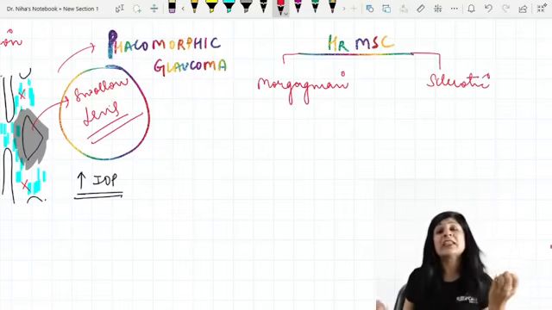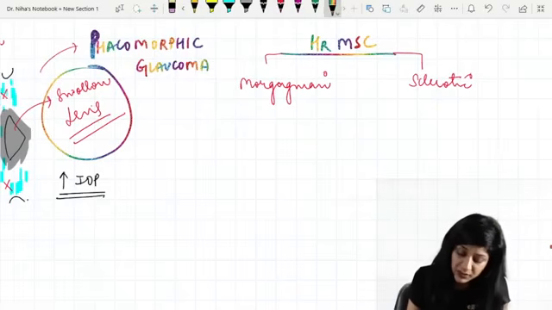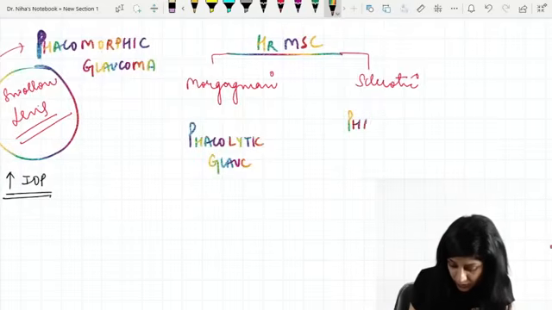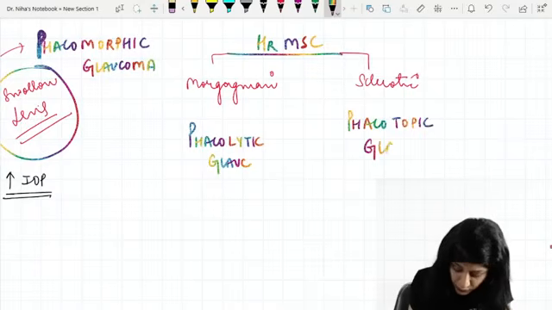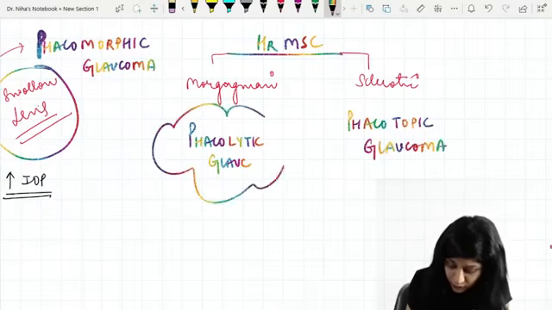Okay, so again in these stages also we can have glaucoma, but what will be the names here? This will be the phacolytic glaucoma. Okay, and here we will have the phacotopic glaucoma. Okay, so because this is a practical session, I'll not go into much of the theory part.